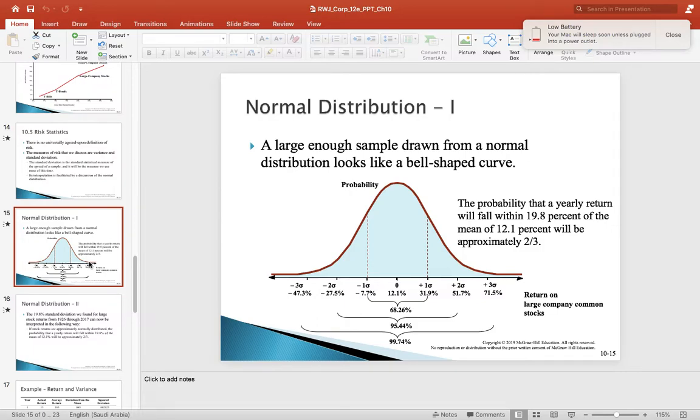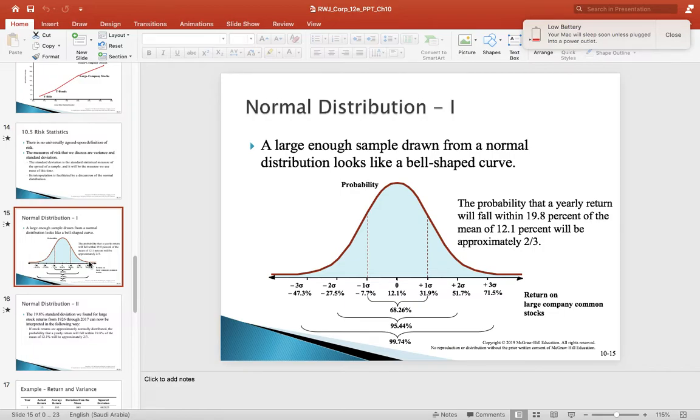Therefore, one standard deviation right, one standard deviation left, that means it can be profit or loss, up to 7.7 minus to 31.9 plus. The return may vary. The average return is 12.1%, but some year the return may go up to 31.9, and some year it may go down to minus 7.7.